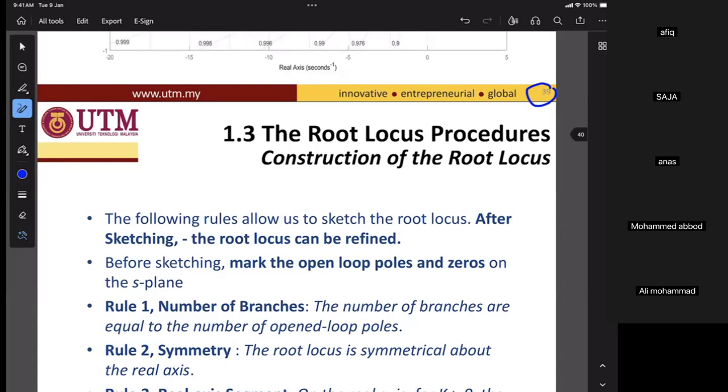Make sure your section is correct. Section 11 can scan. Section 12.